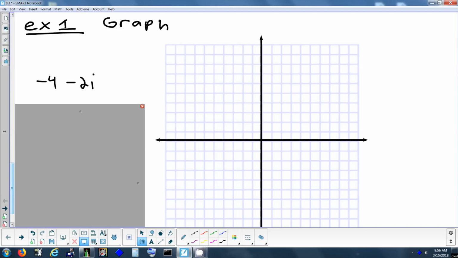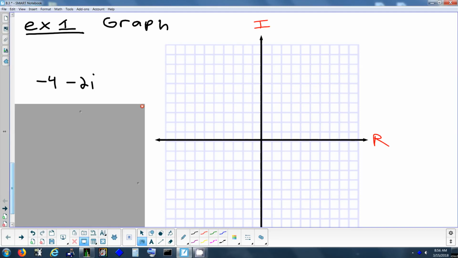Let's label these axes first. Which axis is which in the complex plane? The real axis is horizontal, and the vertical becomes imaginary.